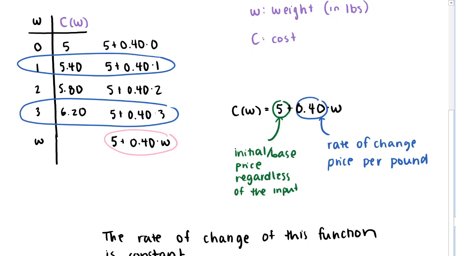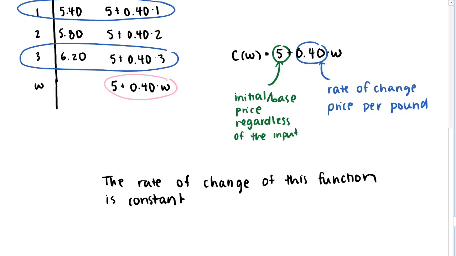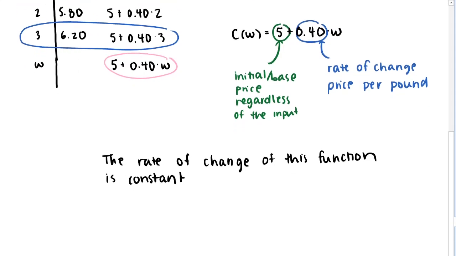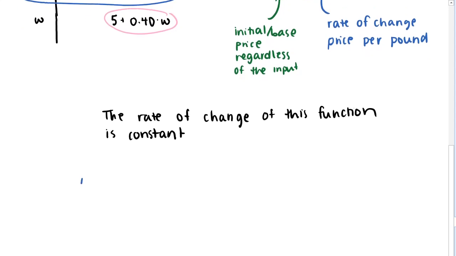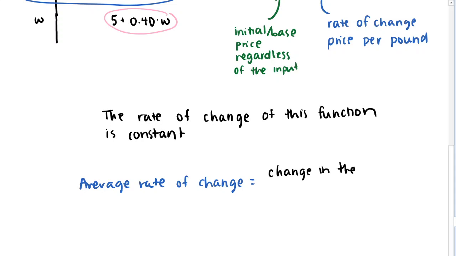It's going to be the same regardless of which 2 points I choose. If I compute the average rate of change, recall that this is equal to the change in the output of the function divided by the change in the input of the function.